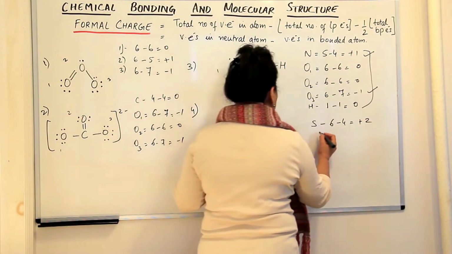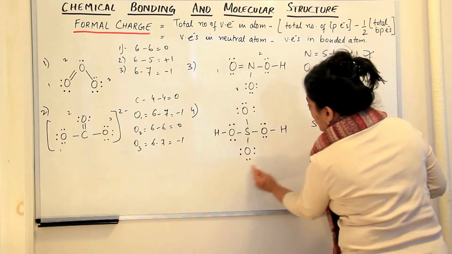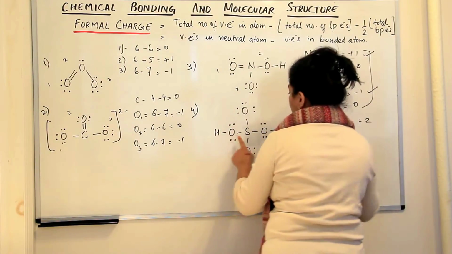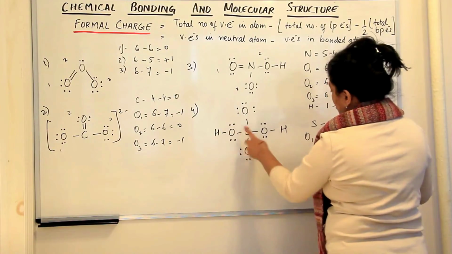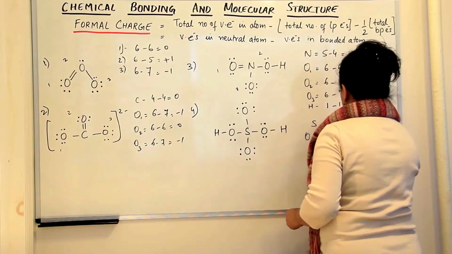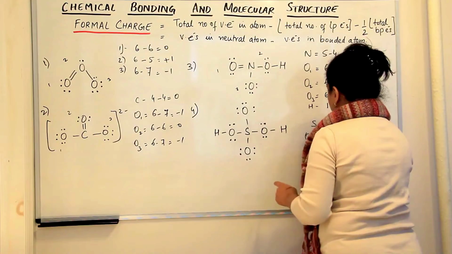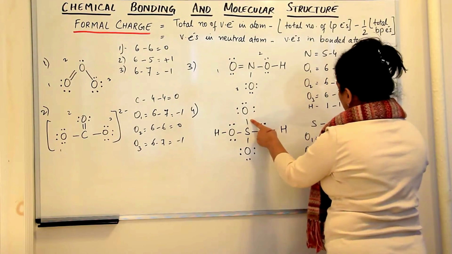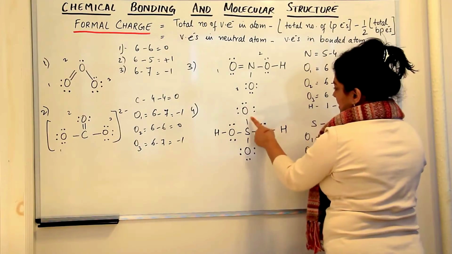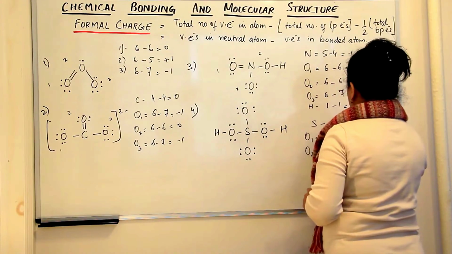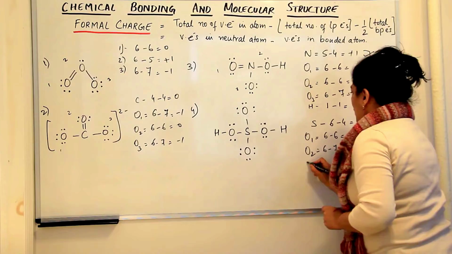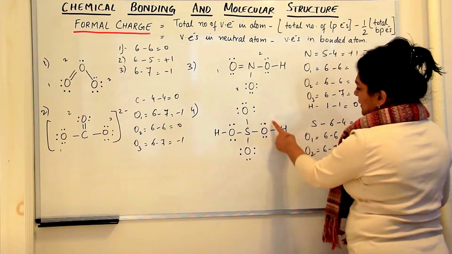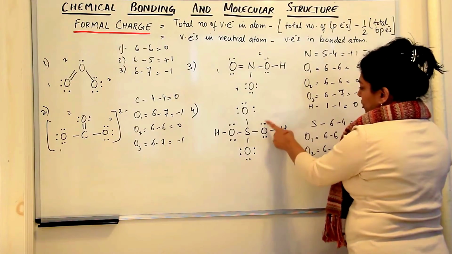And let's see the 4 oxygens. I'm again moving in the clockwise direction, taking this to be oxygen 1. So oxygen 1 here should have 4 and 2. So 6 minus 6 is 0. Oxygen 2 should have 6 electrons originally minus 7. These are 6 plus 1, 7. So that would be minus 1. Oxygen 3 would have 6 minus 6, 4 and 2 here.